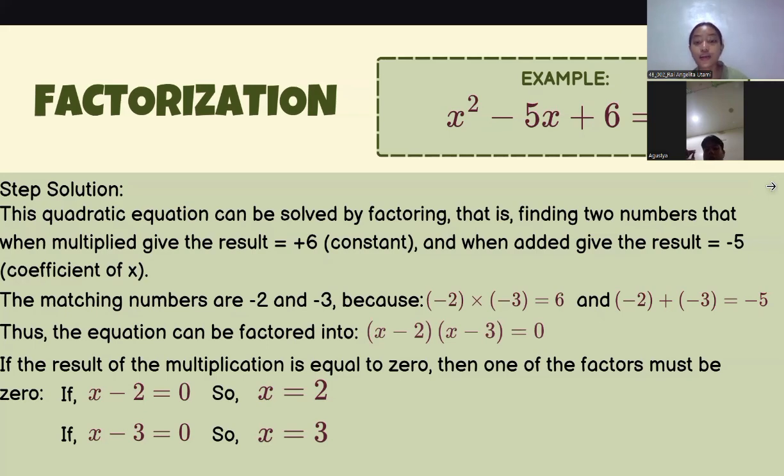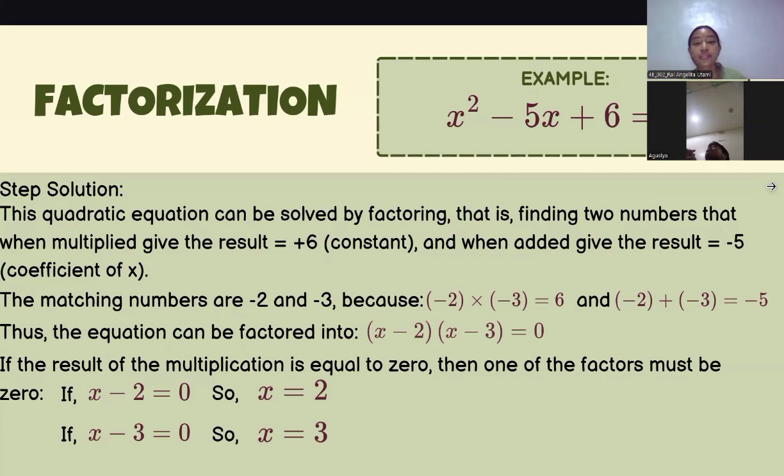Second, when the numbers are added, the result must be the coefficient of x, which is negative 5. This is called the sum. The correct pair is negative 2 and negative 3. Let's check.